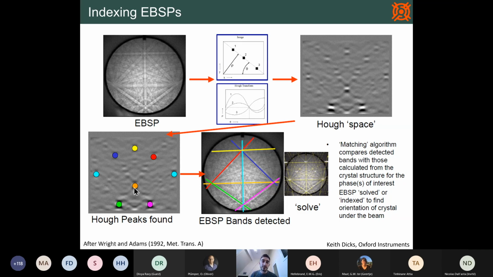And then these can be matched up to a database of crystal structures to identify the bands and index which lattice planes of the crystal those peaks are corresponding to. So now we can say this particular band corresponds to a particular lattice plane in the crystal structure.